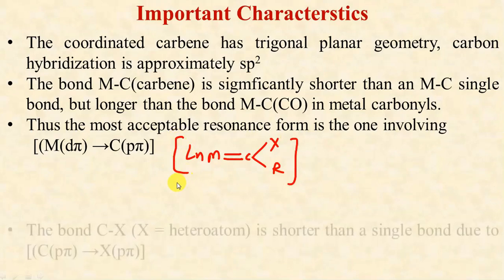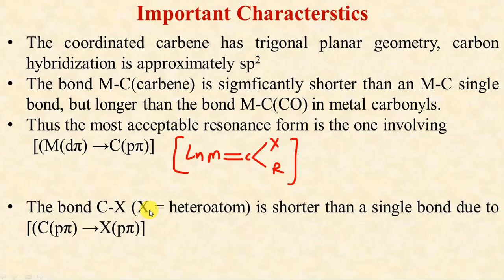The bond C-X, where X is a heteroatom, which can be oxygen, nitrogen, sulfur, etc., is shorter than the single bond due to this.